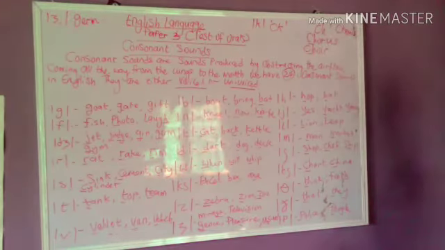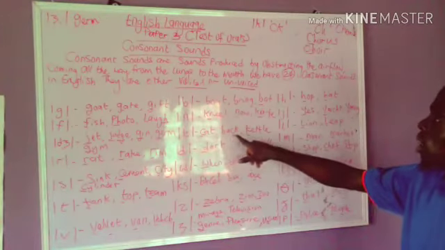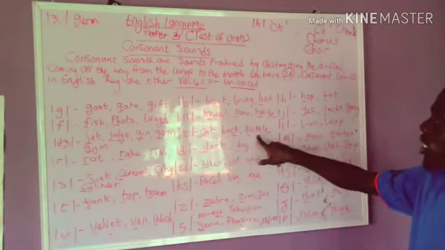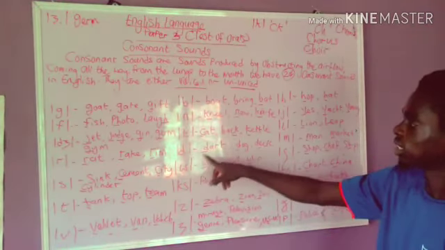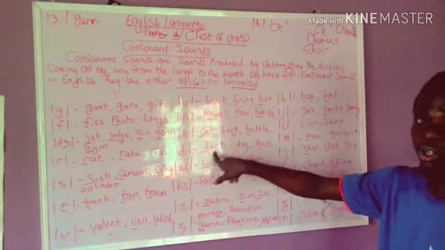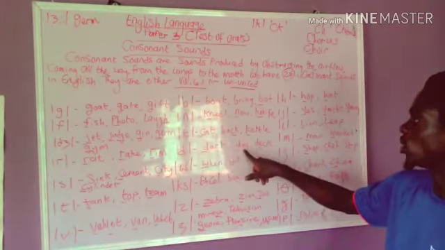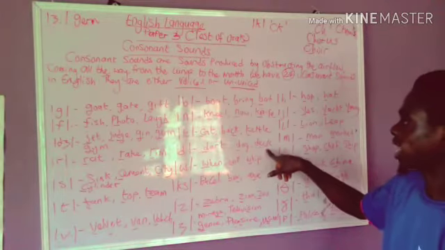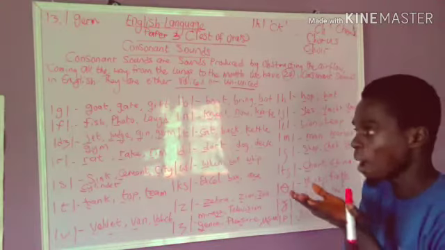Are we together? Okay, so cats, back, kettle. Are we together? Alright, so D, dart. Remember, this is a long R, so we place emphasis on it. Dart, dog, deck.